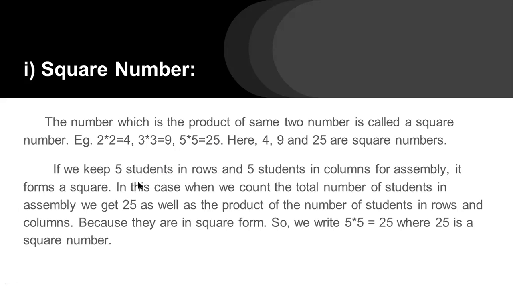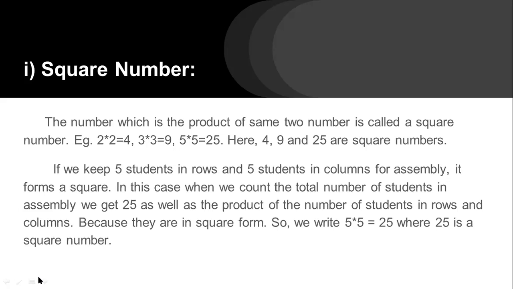When we count the total number of students in assembly, we get 25, which is the product of the number of students in rows and columns. And because they are in square form, we write 5 into 5 equals 25, where 25 is a square number. 25 is a square number because it is obtained by multiplying the 5 students of the rows and the 5 columns. If we multiply them, we get 25. Like this we understand the square number.